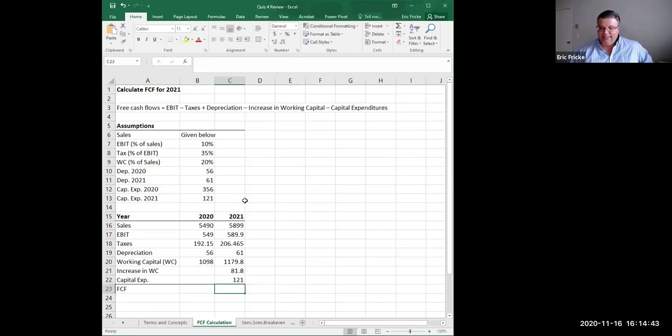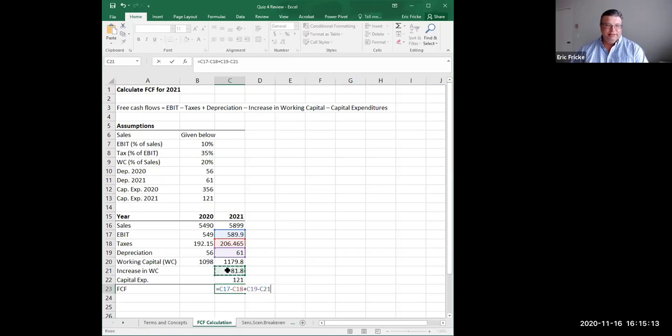And now we can go ahead and calculate free cash flows. So the first thing is it's EBIT, right? And then we subtract taxes right there. And then we add back depreciation right here in the equation. And that's right here. Then we subtract the increase in working capital, WC, working capital.